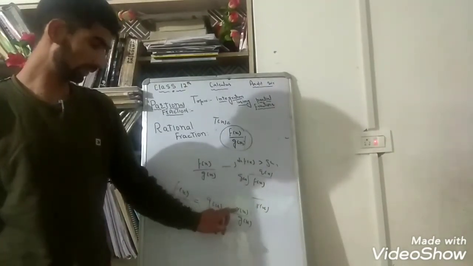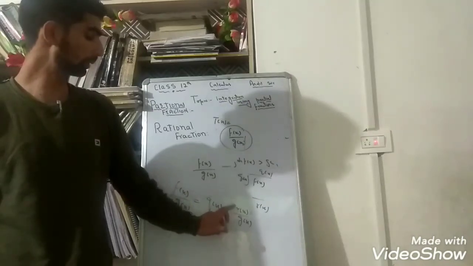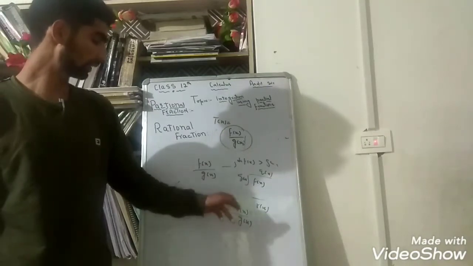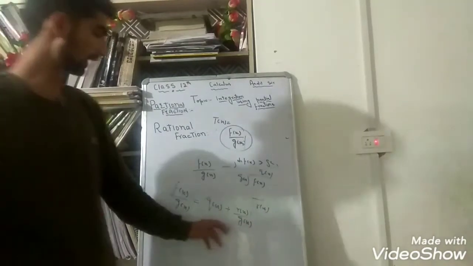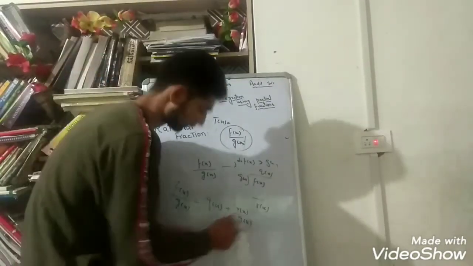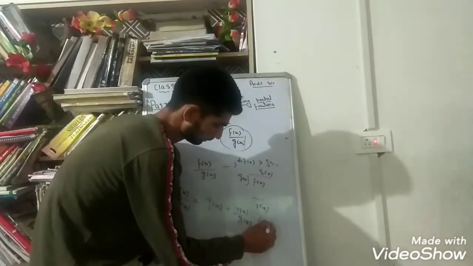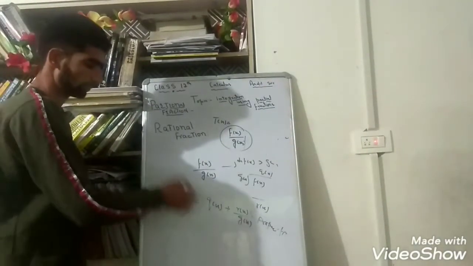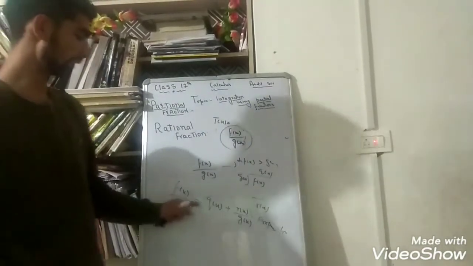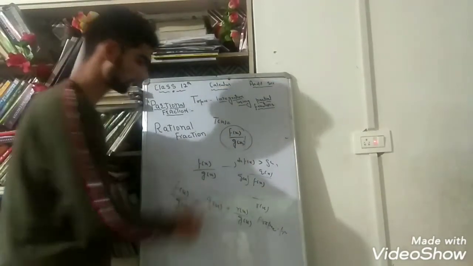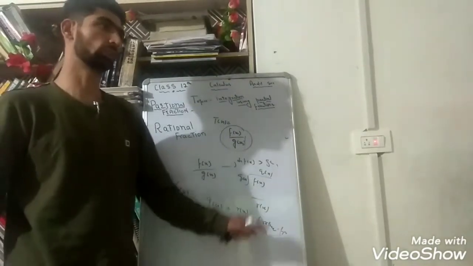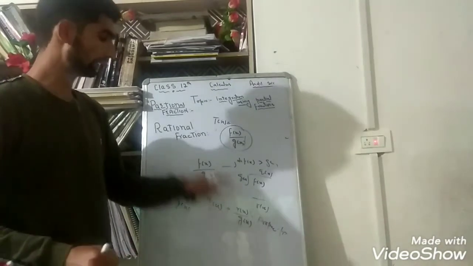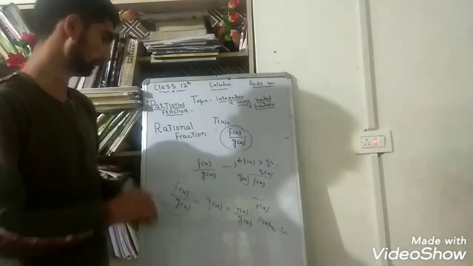When the degree of the numerator is less than the degree of the denominator, at that time we say that this is a proper fraction. So every improper fraction can be written as the sum of a proper fraction and some polynomial.